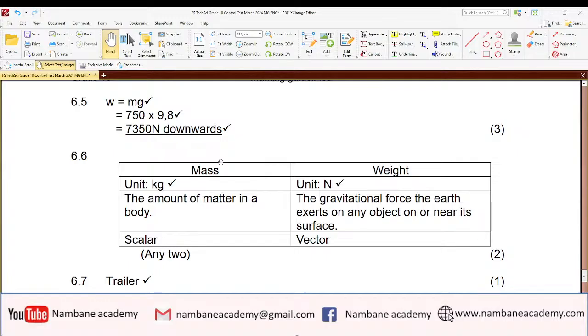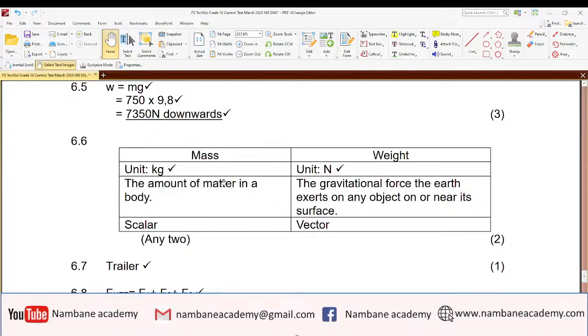6.6, differentiate between mass and weight. Ladies and gentlemen, we are looking for 2. However, we have 1, 2, 3 differences. So any one that the learner can use, 1 for mass, 1 for weight, then you give that 2 marks.